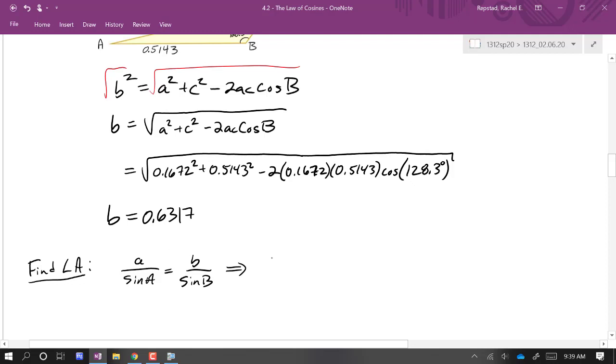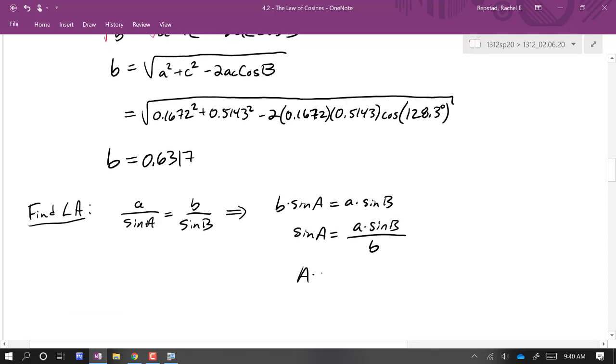So if we cross multiply, B times sine A is equal to A times sine B. And so sine A is A times sine B over B, and so A is arcsine.